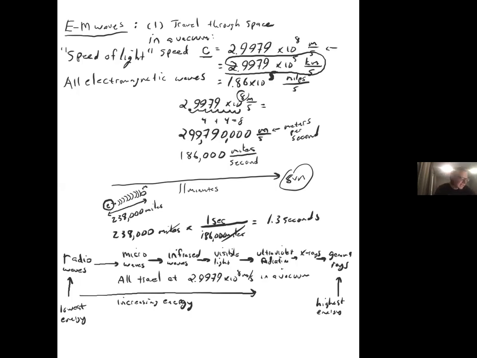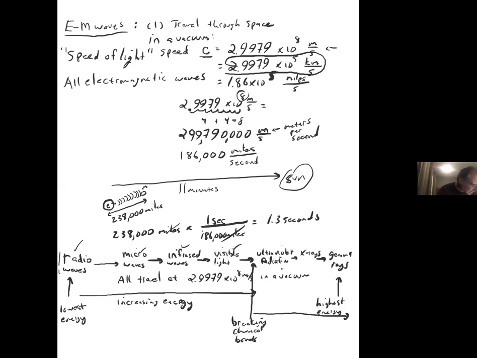So in a sense, once you get right about here, that's when you can start breaking chemical bonds. From here to here, X-rays, gamma rays, those are capable of breaking chemical bonds. The ones down here, radio waves, microwaves, infrared, and visible light, they do not have enough energy to break chemical bonds. Okay?